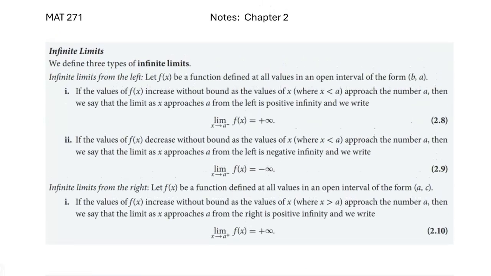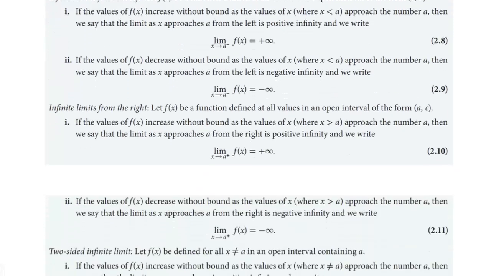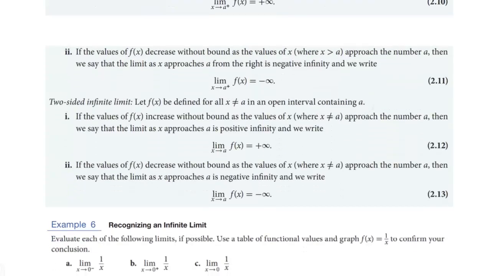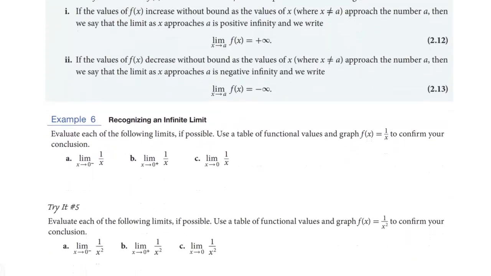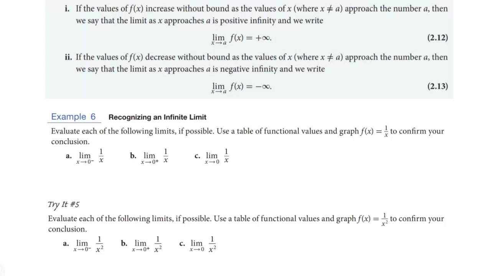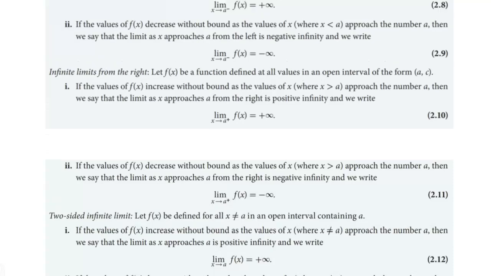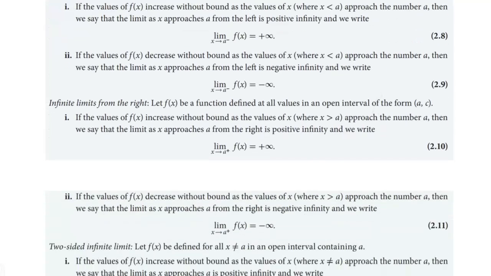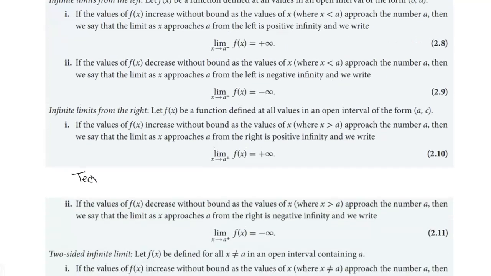So now we're going to get into this idea of infinite limits. Infinite limits are going to happen when we have vertical asymptotes. And we can look at this limit from the left or from the right. So technically, these limits do not exist.